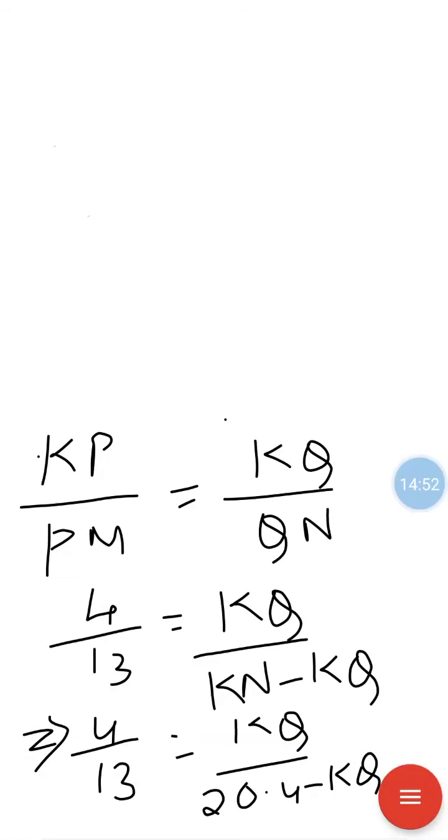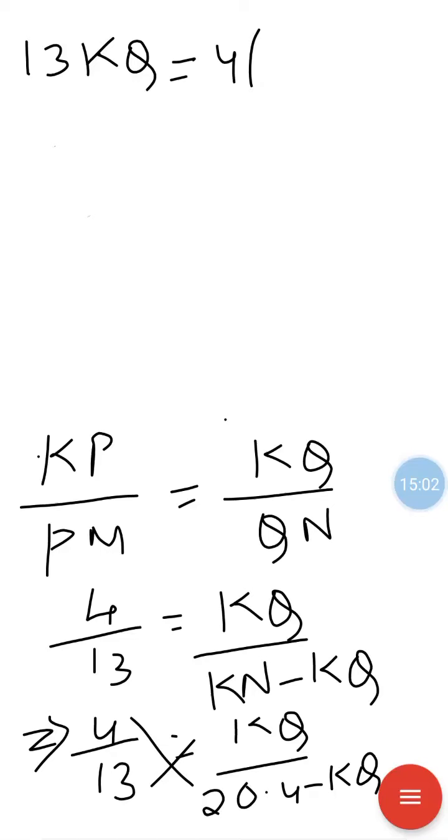So cross multiplying this, 13 KQ equal to 4 into 20.4 minus KQ.